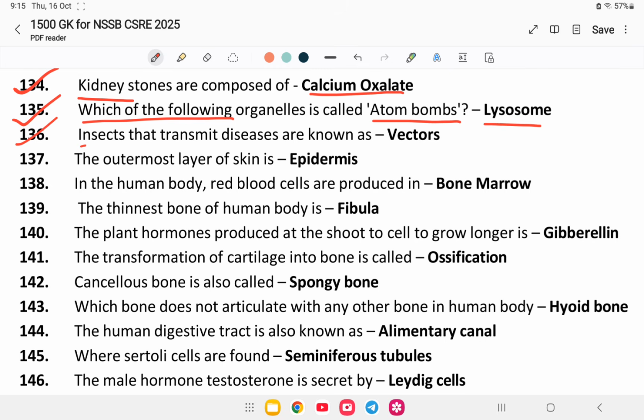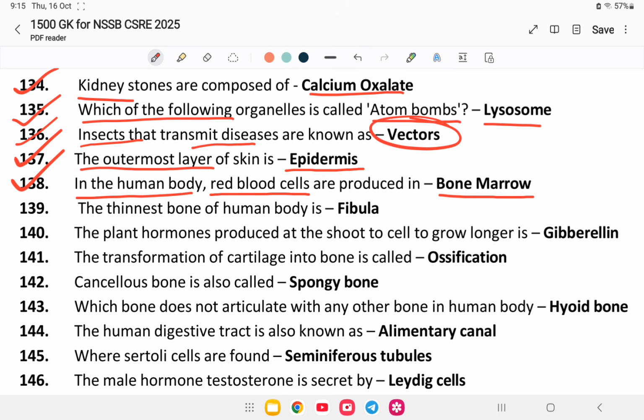Question number 136. Insects that transmit disease are known as vectors. 137. The outermost layer of the skin is called the epidermis. 138. In the human body, red blood cells are produced in the bone marrow. Question number 139. The thinnest bone in the human body is the fibula. Next question number 140.